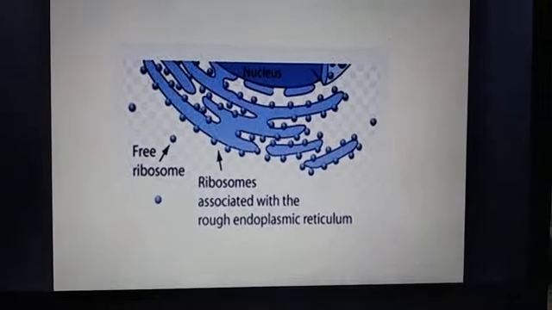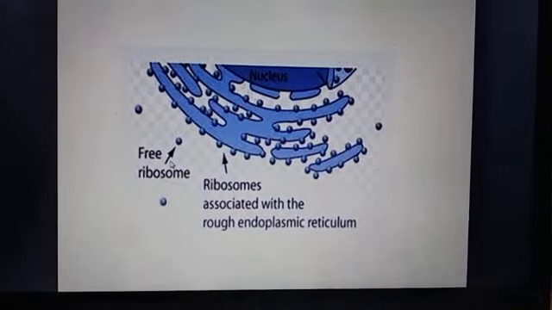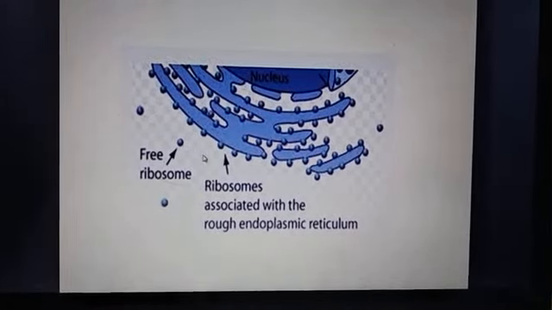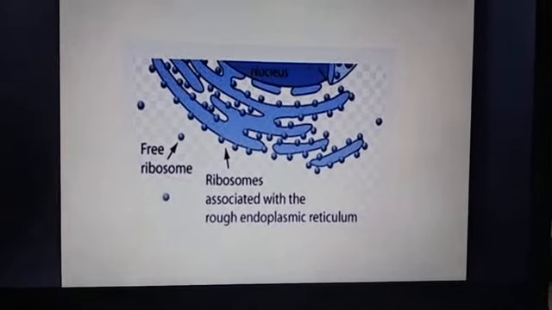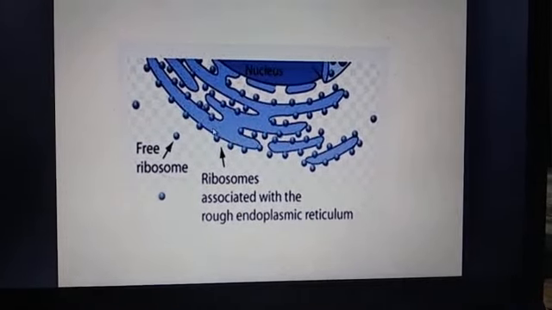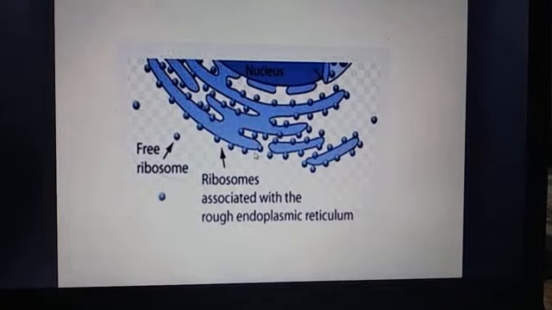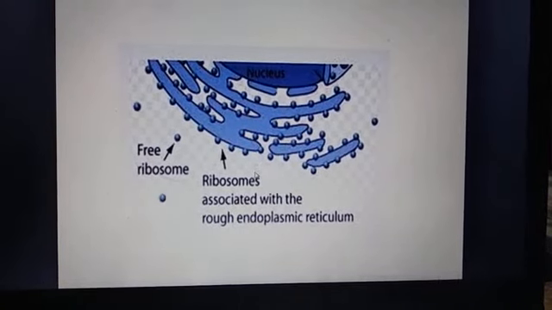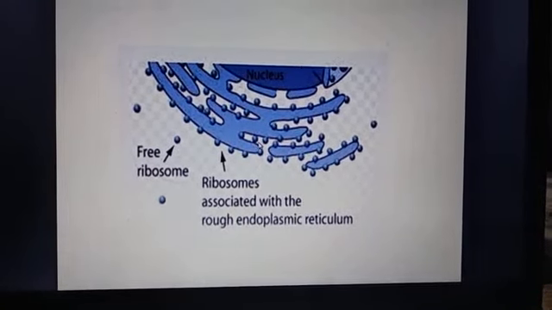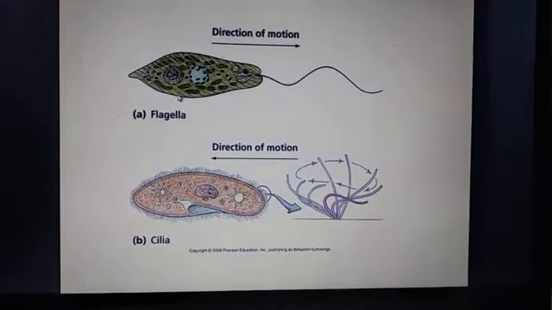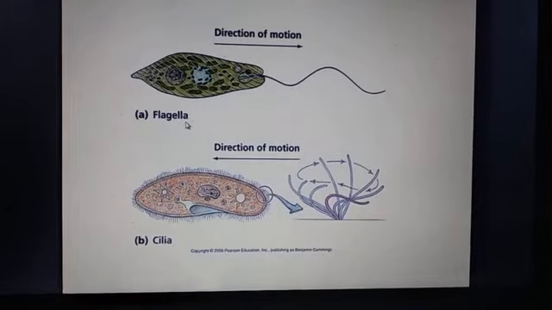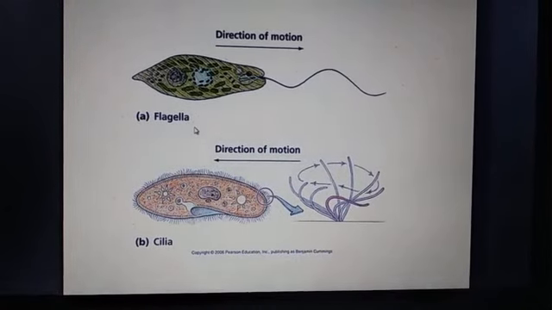In the cells, there are ribosomes present as tiny granules in the cytoplasm and on the rough endoplasmic reticulum. They help in protein synthesis. Then there are cell organelles known as cilia and flagella.